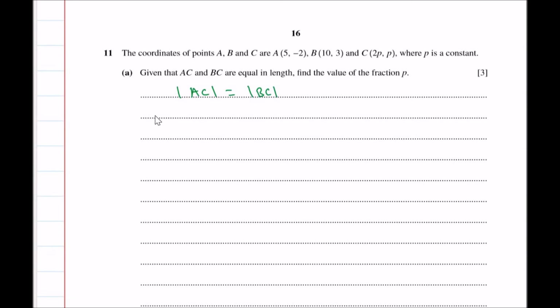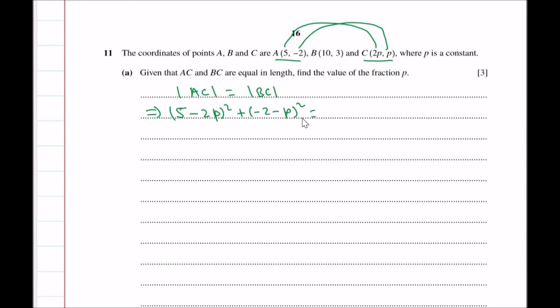So length of AC and BC we will find using the distance formula. Length of AC, so A and C. So (5 minus 2p) whole square plus (minus 2 minus p) whole square.